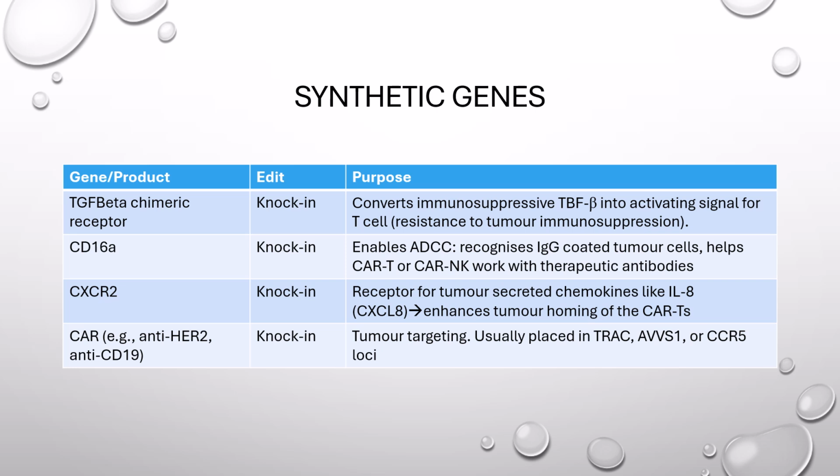This is the effect of the tumor microenvironment. What these synthetic genes have done is turn it on its head, so that whenever this TGF-beta chimeric receptor binds with TGF-beta molecules, it will become activated as opposed to being turned off.